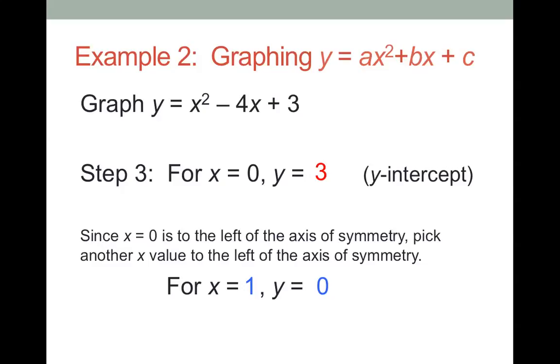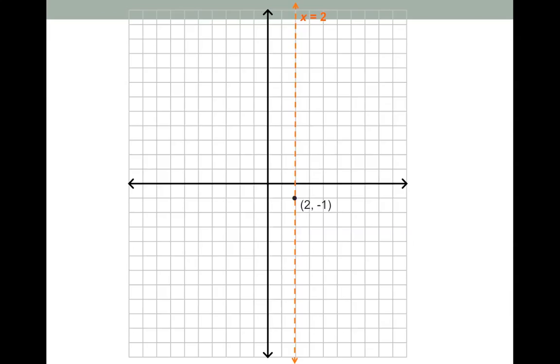So if x is 1, and that gives me a y of 0, then that means another point that has to be on the parabola is the point (1, 0). So now I can plot those 2 points. There we go.